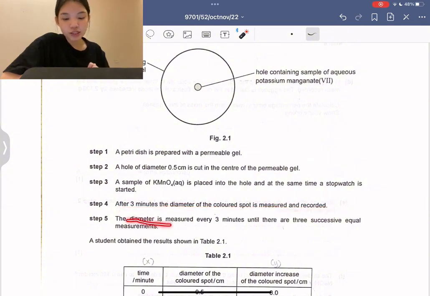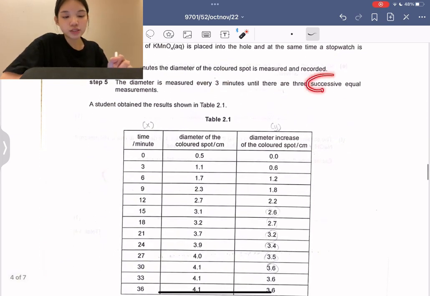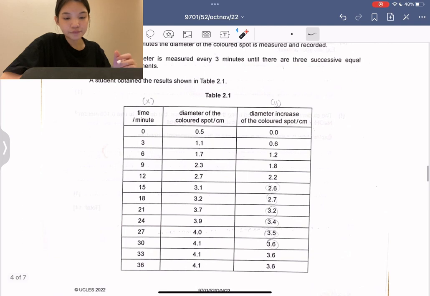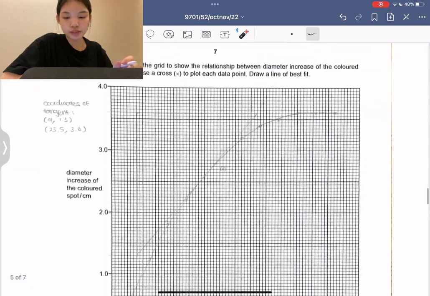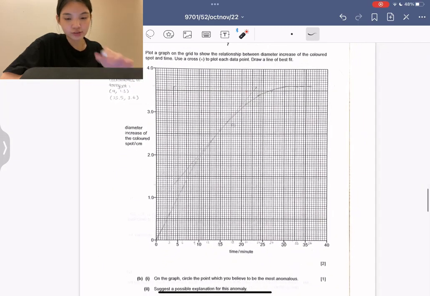The diameter is measured every 3 minutes until there are 3 successive equal measurements. So this means it is measured every 3 minutes until the values are constant. Later you should identify that the time is the x variable and the diameter increase is the y variable, as seen in the graph here.